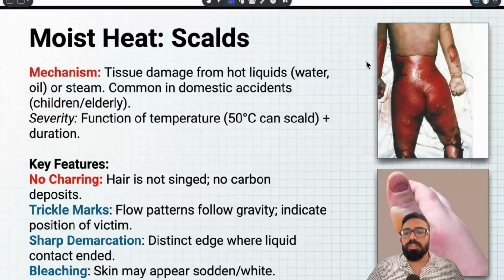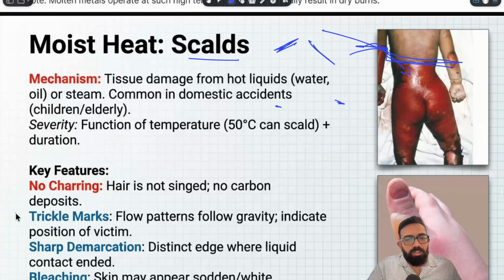And always look at the pattern of scalds. Over here, you can see that there is scald injury at one particular level. Now, that indicates that the baby was submerged in the water till this level. One feature of accidental scalds or even other types of scalds is that there are trickle marks. What are trickle marks?